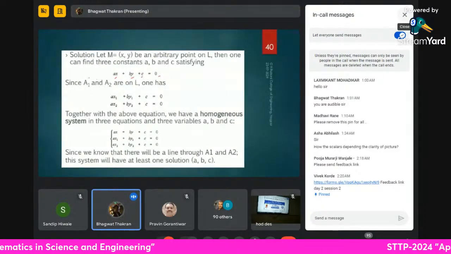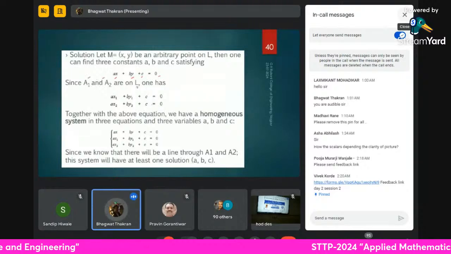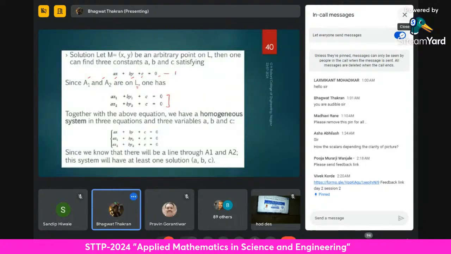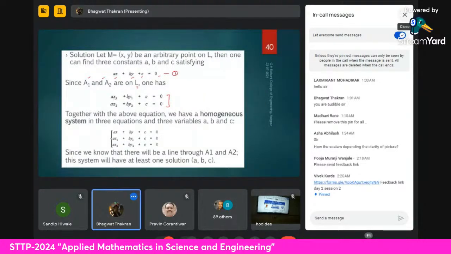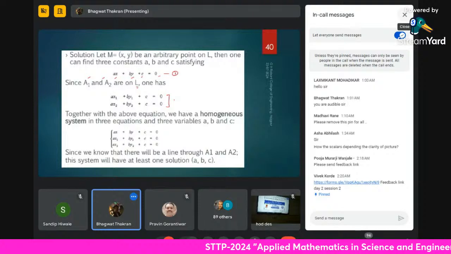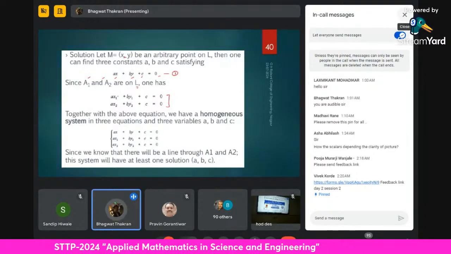And since A1 and A2 are on the same line, I'll have two more equations which satisfy the given equation 1. So ax1 plus by1 plus c and ax2 plus by2 plus c, considering an arbitrary point x comma y.